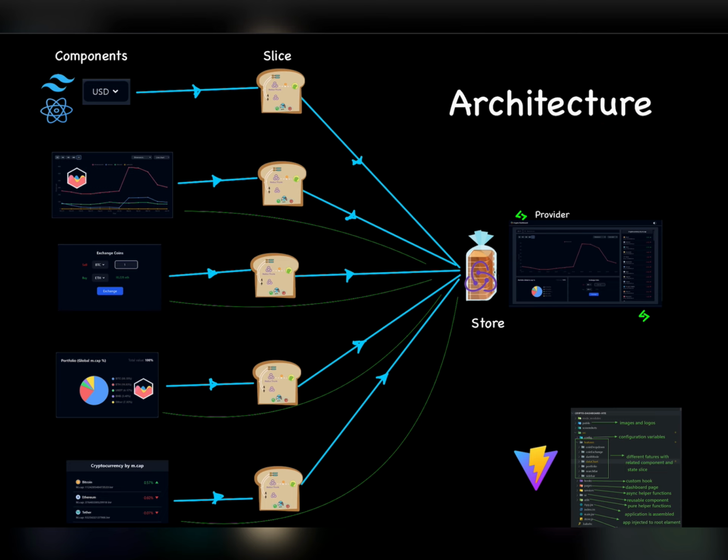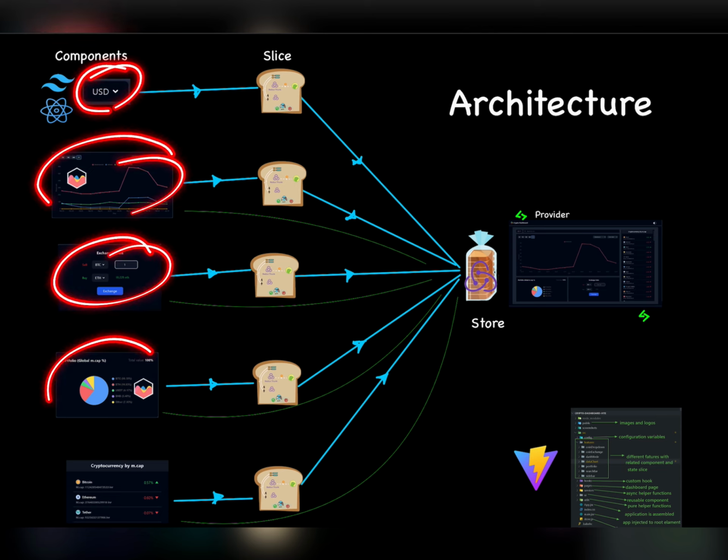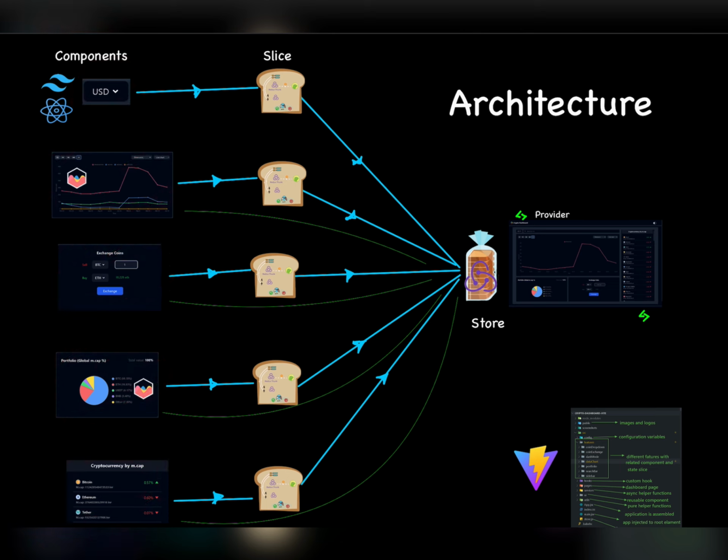So as we saw in the previous slide, the entire application is made up of some features. Each and every feature has its own components, where each component has been designed and constructed using React, and it has been styled using Tailwind CSS, and the charts have been powered by Chart.js and React Chart.js too.